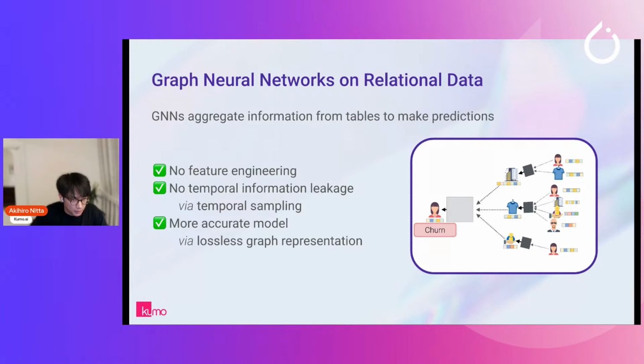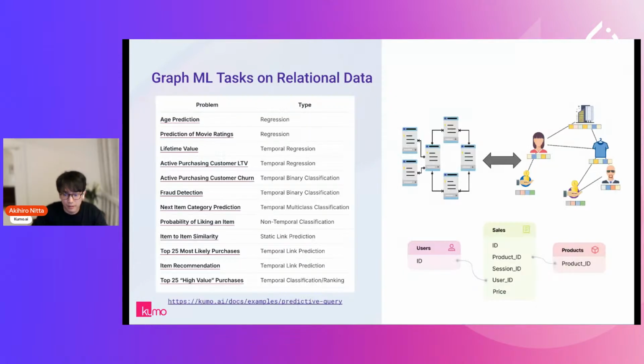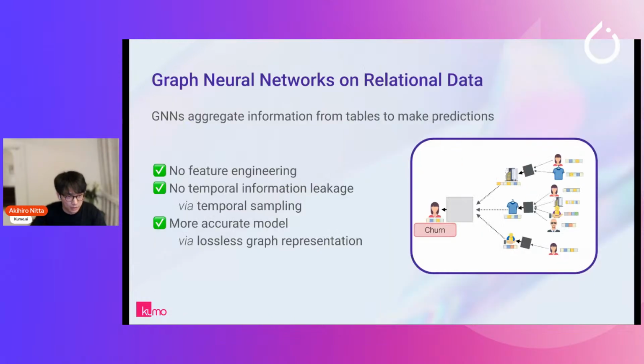So you don't have to do feature engineering with GNNs. In GNN training, you will use temporal sampling so that whenever you sample a node and a subgraph around it, you don't sample future nodes. And because the graph representation is basically a mapping from your tables in your relational database, there's no loss in information.